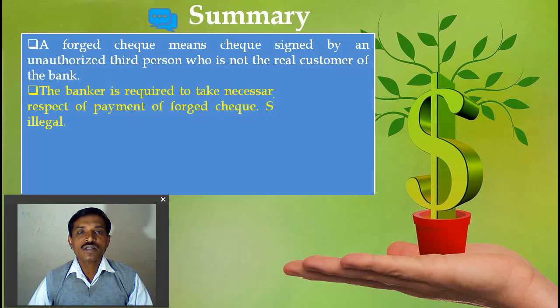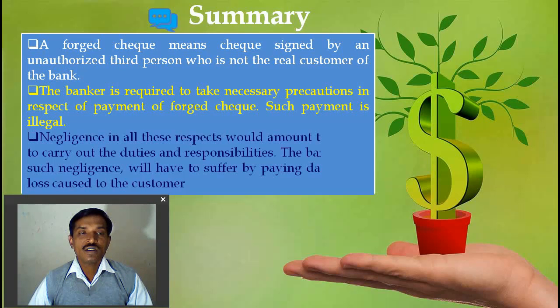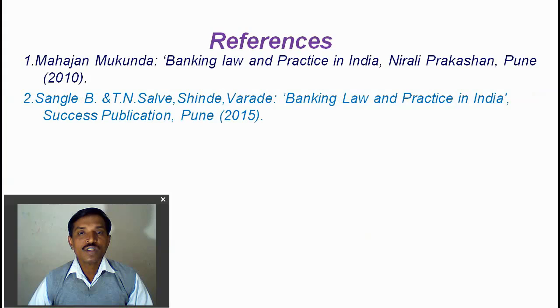The banker is required to take necessary precaution in respect of payment of fraud checks, and such payments are illegal. Negligence in all these respects would amount to failure to carry out the duties and responsibility of the paying banker. The banker for such negligence will have to pay damages or loss caused to the customer. That's why the bank needs to compensate their customer for the negligence.